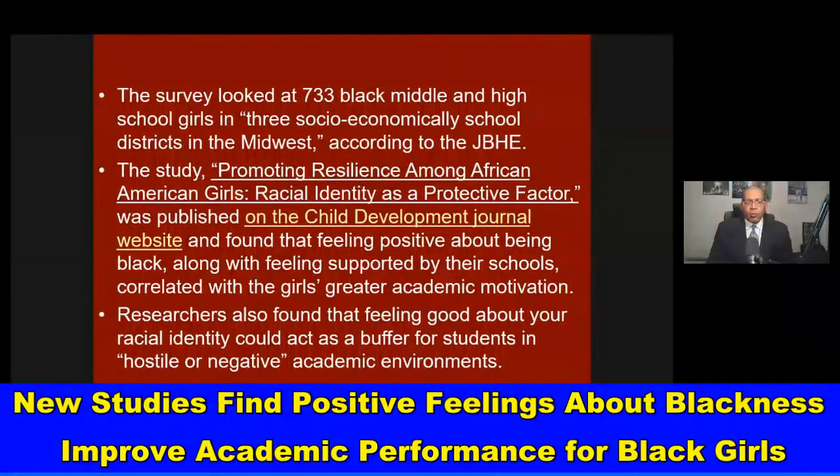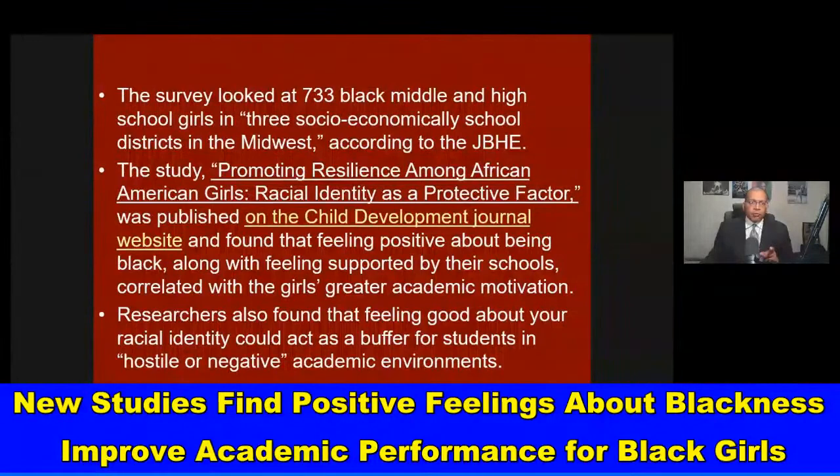The study, called Promoting Resilience Among African American Girls, Racial Identity as a Protective Factor, was published on the Child Development Journal website, and found that feeling positive about being Black, along with feeling supported by their schools, correlated with the girls' greater academic motivation. Researchers also found that feeling good about your racial identity could act as a buffer for students in hostile or negative academic environments.